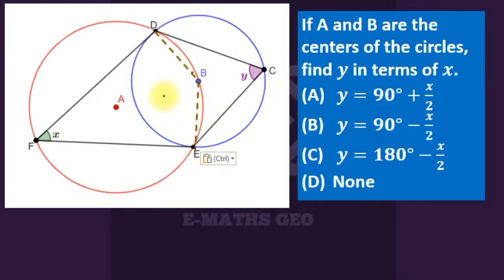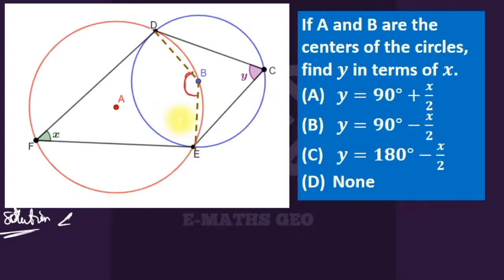So we can relate x and y, because that's the only way we can relate them. I'll need to bring in this angle, which is now the connection between x and y.